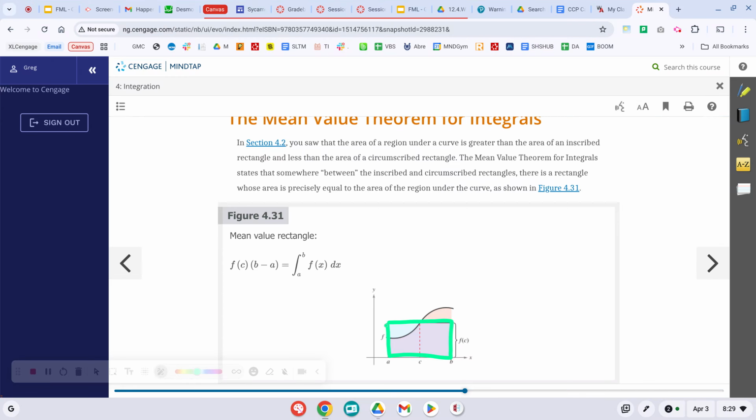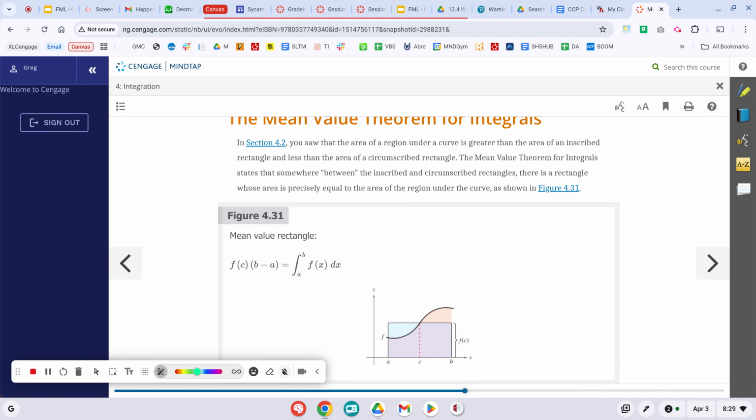And if you did this height right here, that is your average height, the average density of this function, okay? So the mean value theorem for integrals just says there is a rectangle that gives you the same area as you have under the curve.